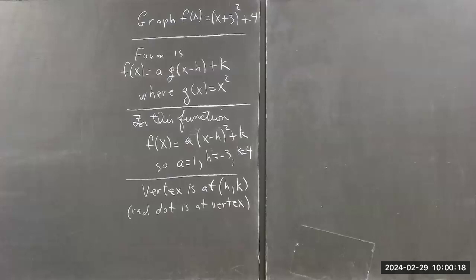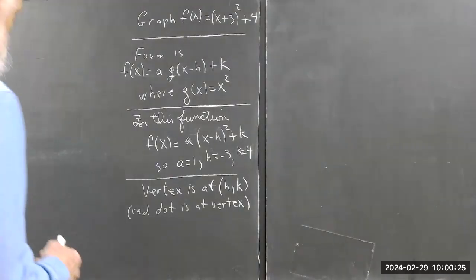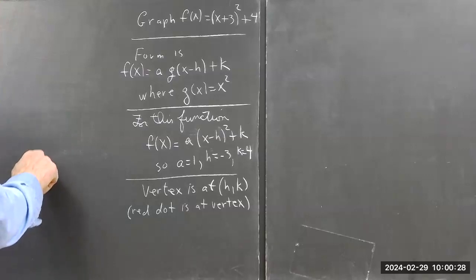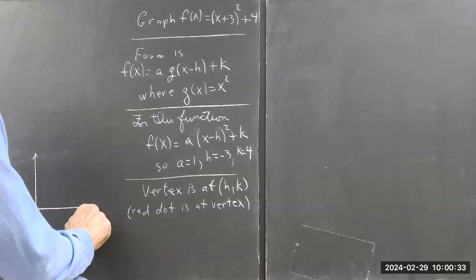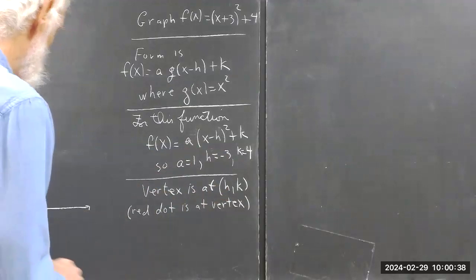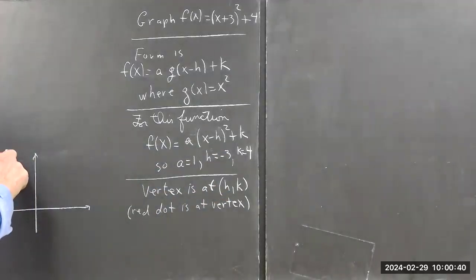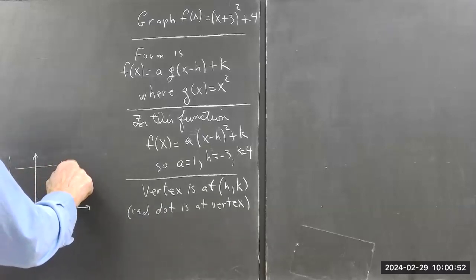However, what it comes down to is if the vertex is at h, k, h is -3, k is 4. So first place, our vertex will be at x equals -3, and it will be at y equals 4.